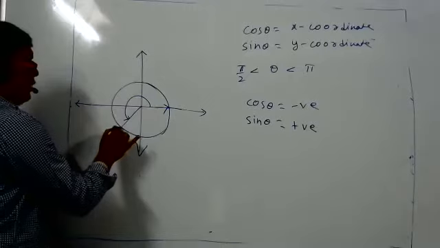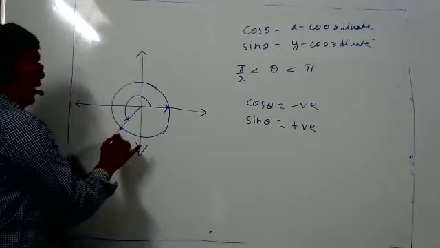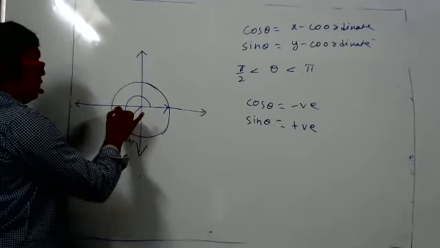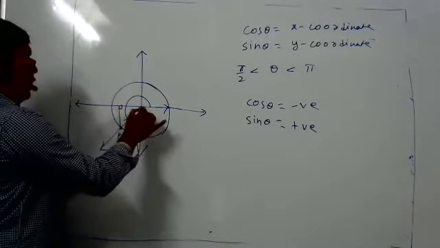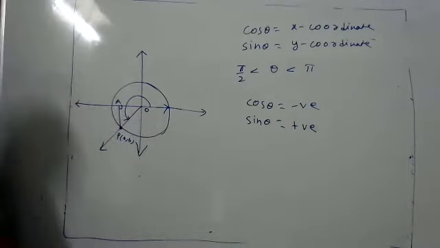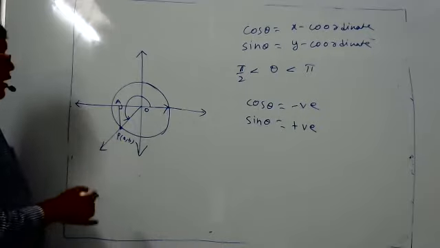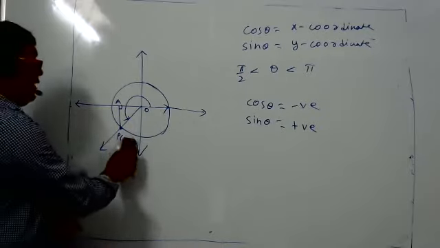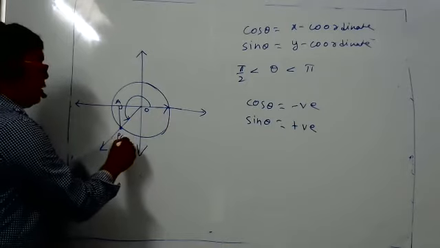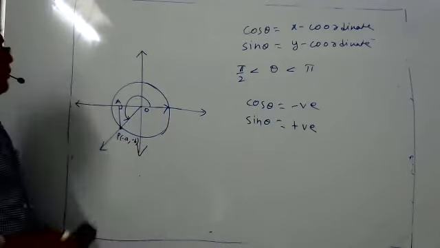This is the point P(A, B). We'll draw a right angle triangle here. Now this is O and this is A. Now tell me, will A and B be positive or negative? Both will be negative, sir. Excellent.